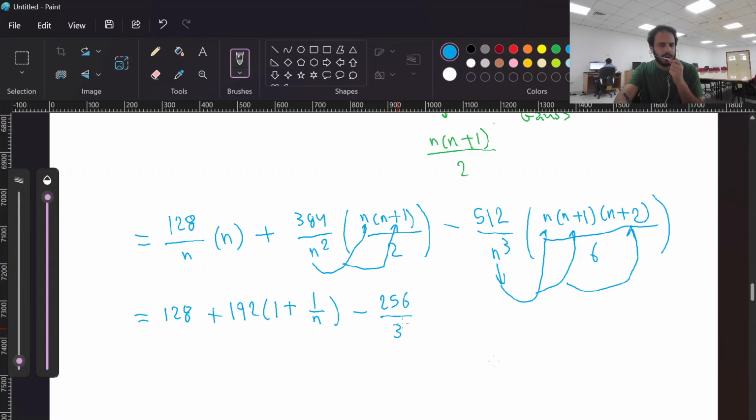You get 1 times n plus 1 over n, which is 1 plus 1 over n. The next one is 2n plus 1, okay? So when you divide it by n, you get 2 plus 1 over n.